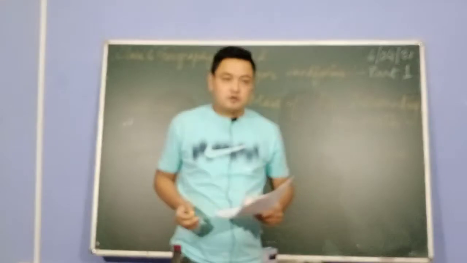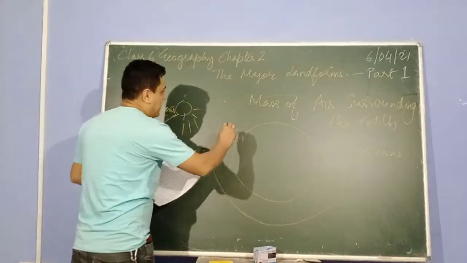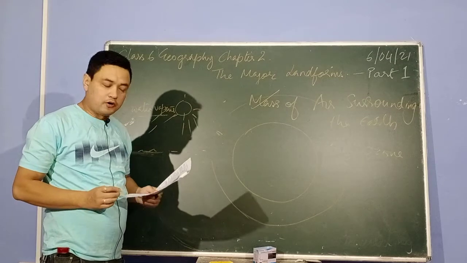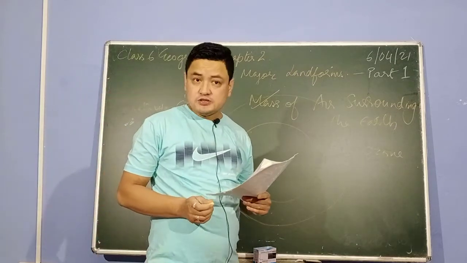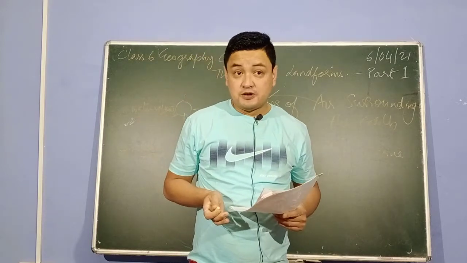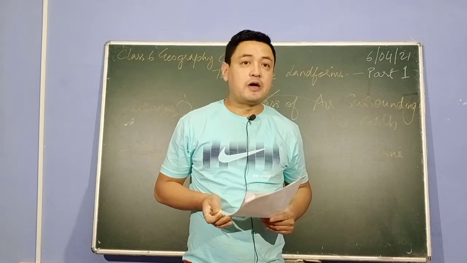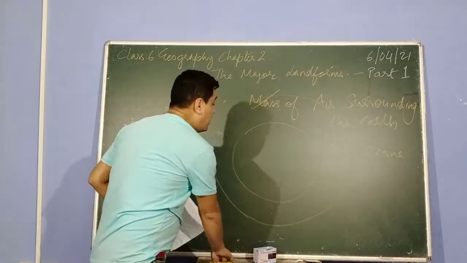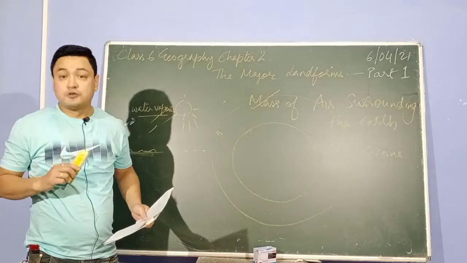So the earth is surrounded by atmosphere, okay? It has what we call oceans also, rivers, lakes, okay? And these oceans, rivers, lakes are called hydrosphere. Hydrosphere means water bodies. Are you understanding? This is how the earth in the olden times was created.